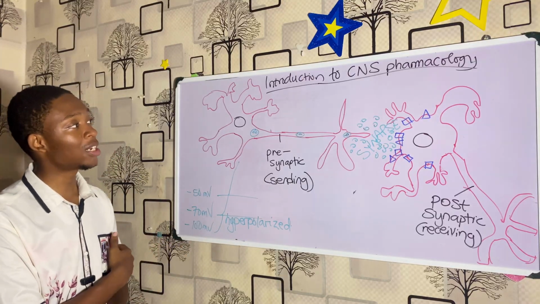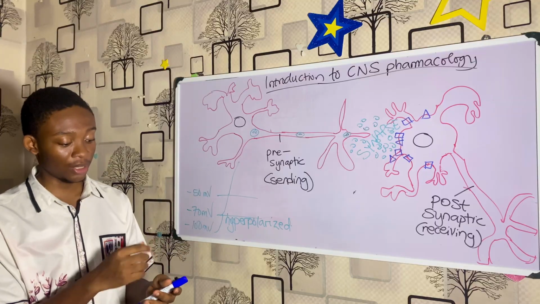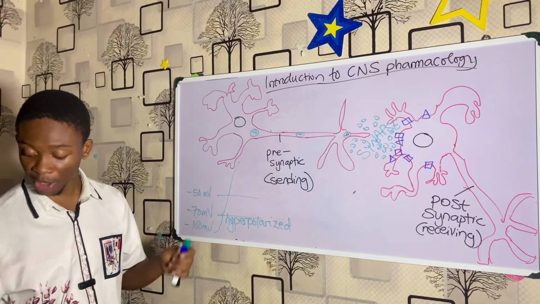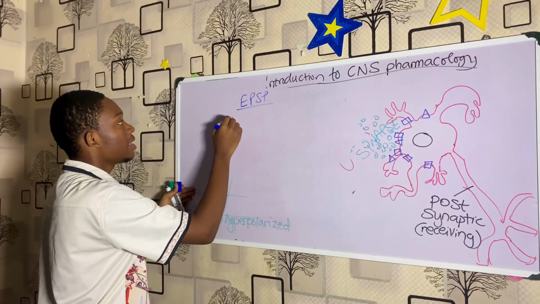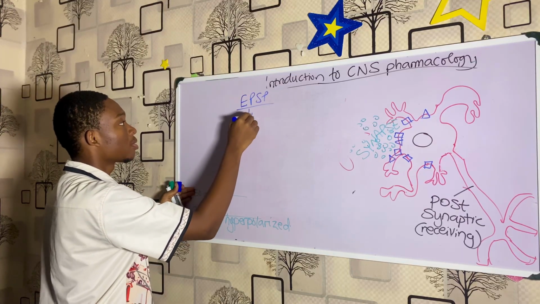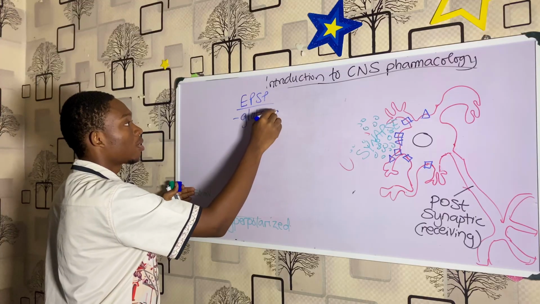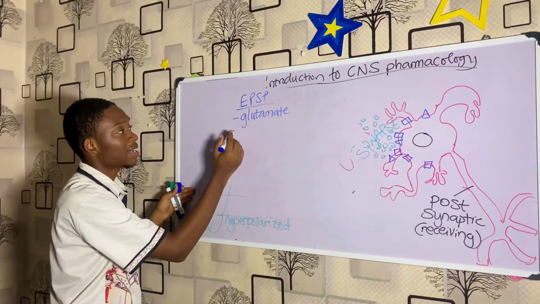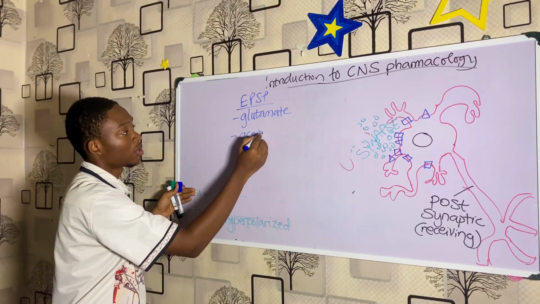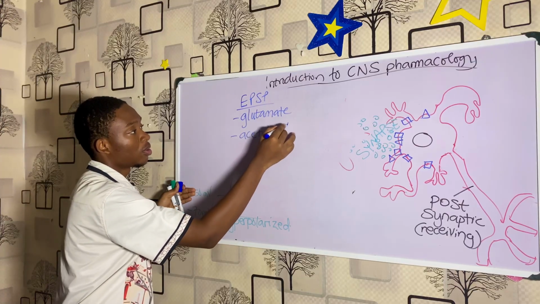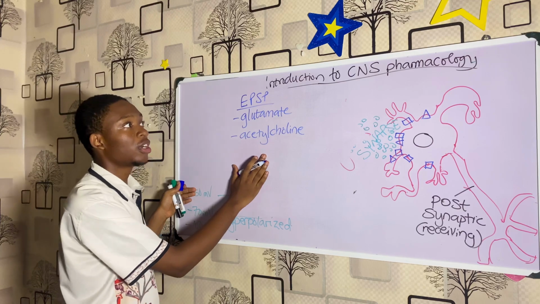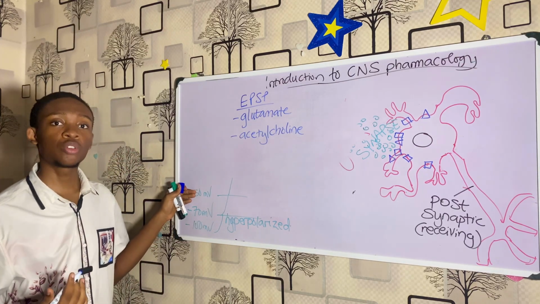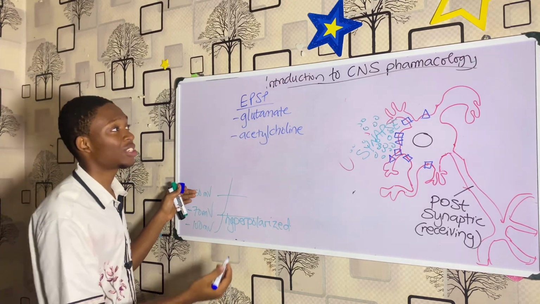Examples of neurotransmitters that will cause excitatory postsynaptic potential are just two major ones. EPSPs. Example, your glutamate. Another example is acetylcholine. So we can see that these neurotransmitters tend to be excitatory in nature. What about neurotransmitters that would cause inhibitory postsynaptic potential?